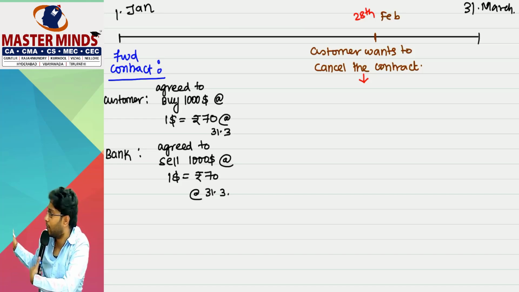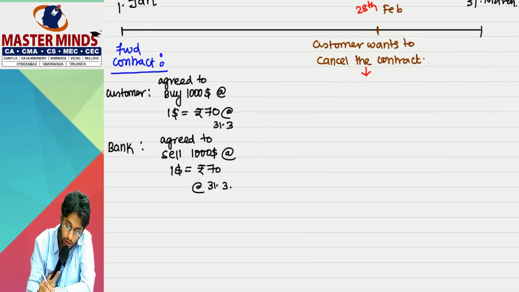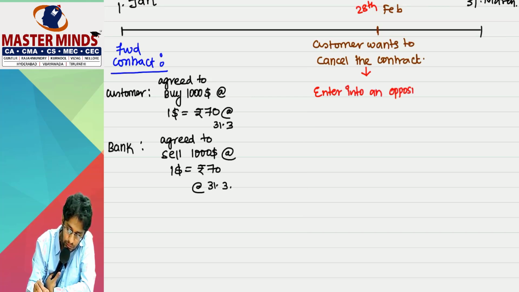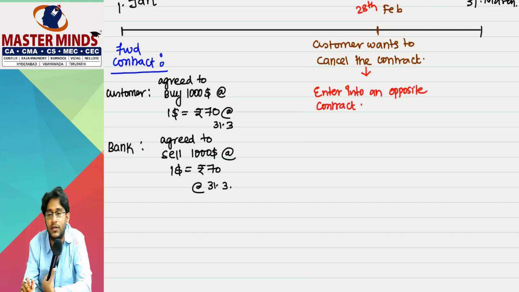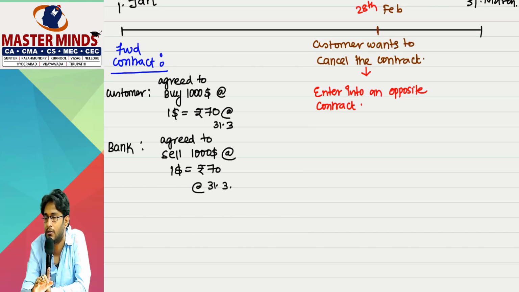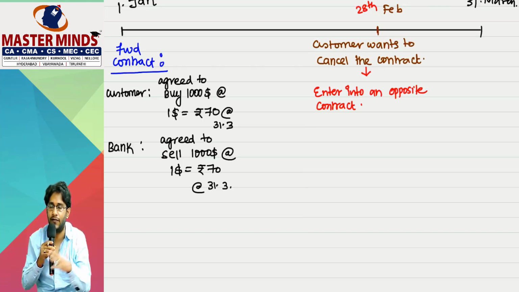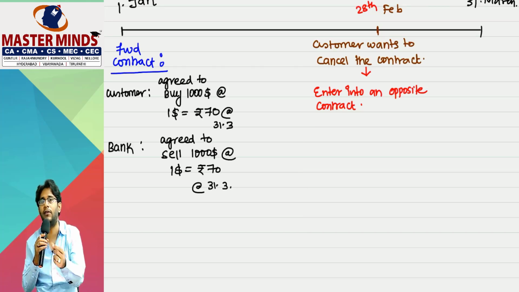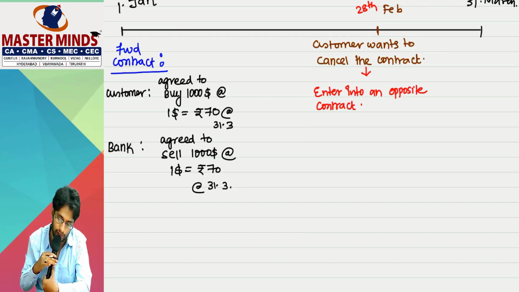If you have to cancel the forward contract, you have to enter into an opposite contract. You should enter into an opposite contract in such a way that the second contract kills the first contract. When both contracts get executed, effectively you need not buy dollar, you need not sell dollar. That sort of situation you have to create.